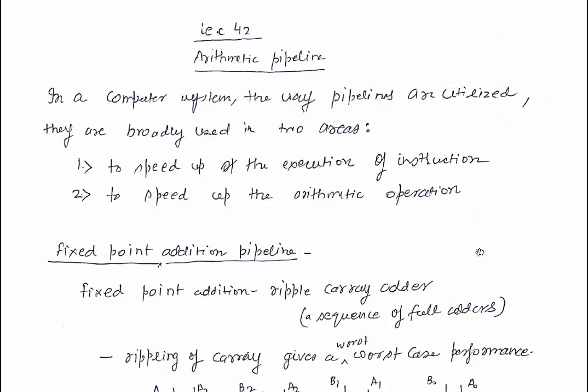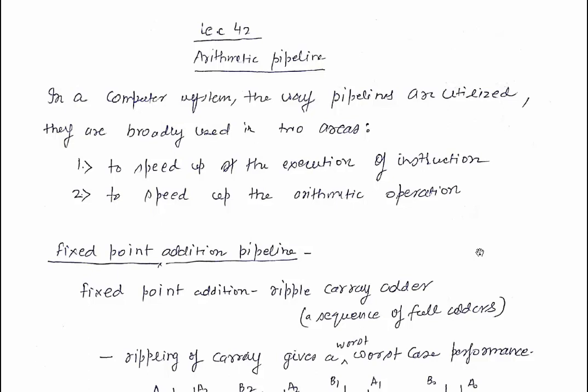And after that, we have seen pipeline scheduling, how a non-linear pipeline is scheduled, and how to evaluate the forbidden latency, non-forbidden latency, minimum average latency when you are given a reservation table, and how to draw a state transition diagram so that you can schedule a latency sequence of non-forbidden latencies.